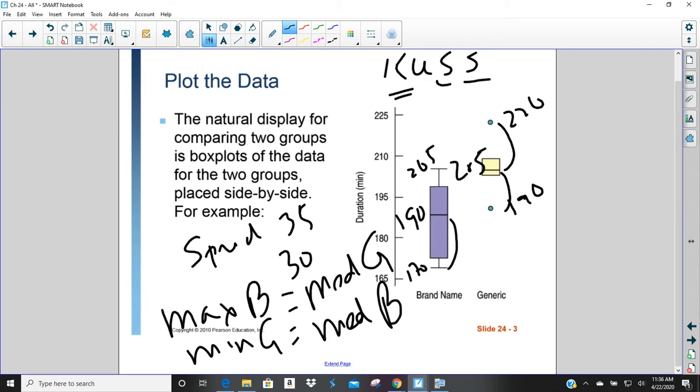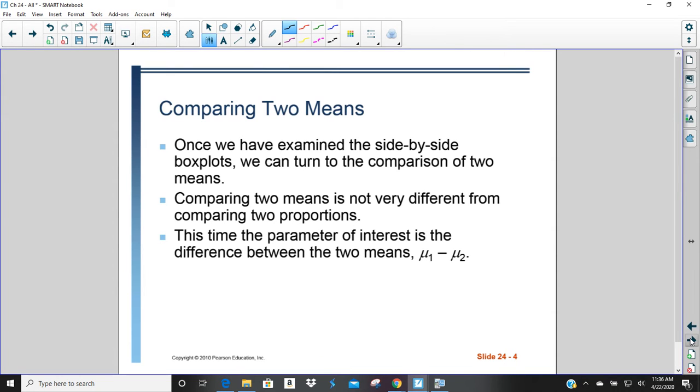Interesting, right? So when you're talking about comparing and contrasting, don't just make a laundry list. Also use your knowledge to say, wow, this is interesting that the median of the generic is actually the max for the brand name. I mean, with all things considered, I would buy the generic. Just really, in this case, no reason to go with the brand name.